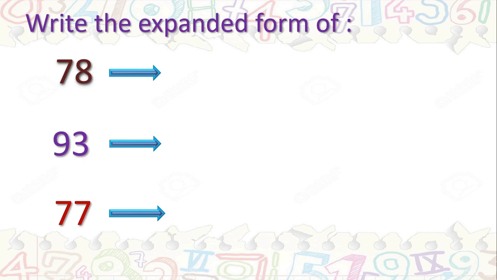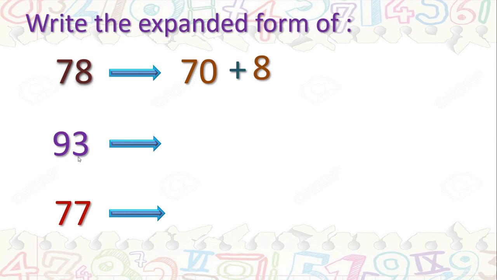Yes, in the first number, that is 78, 7 is in the tens place, so the place value of 7 is 70. Same thing we will write. Then we will put the addition sign, plus. Then what is the value of 8 here? The same thing, it remains the same, right? That is 8. So 70 plus 8 is nothing but the expanded form of 78.